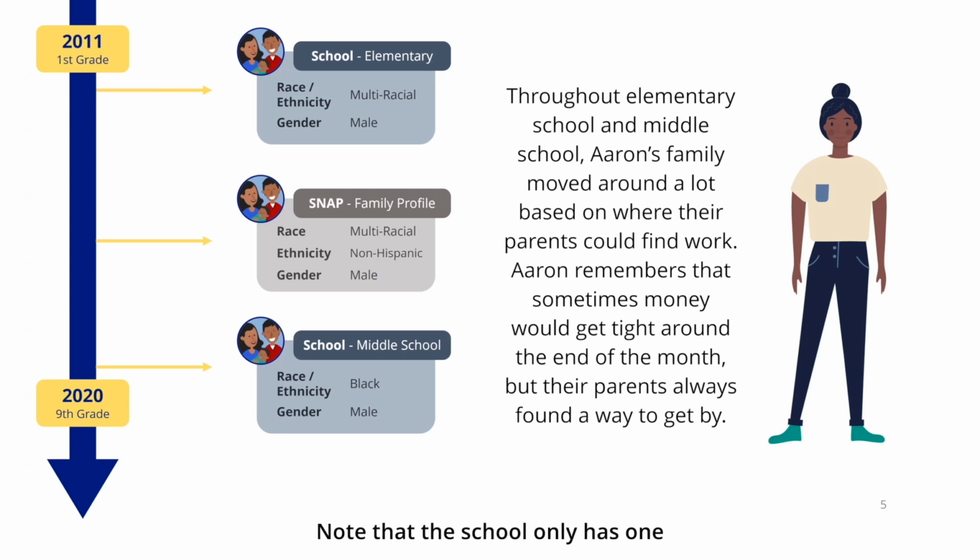Note that the school only has one code that encompasses both race and ethnicity, whereas the other systems record race and ethnicity separately. We also see that there are 3 different administrative databases that contain information about Aaron, but the information recorded about Aaron's race is not the same in the different systems.